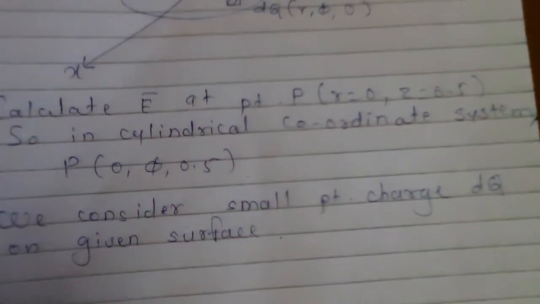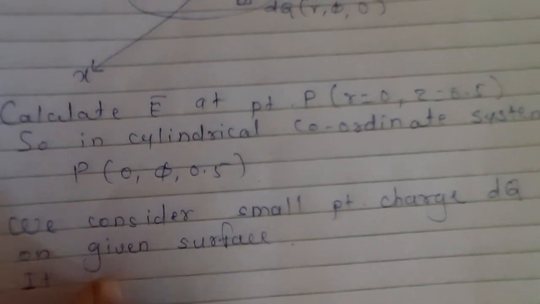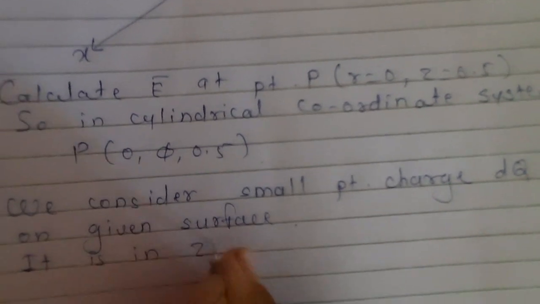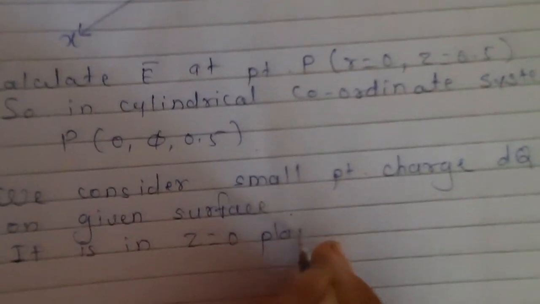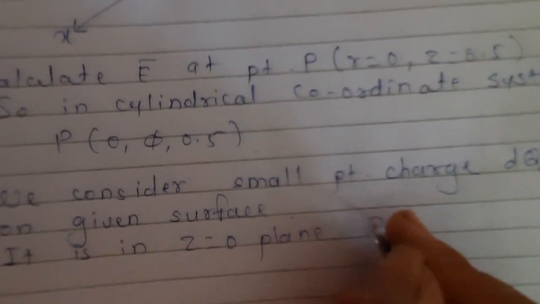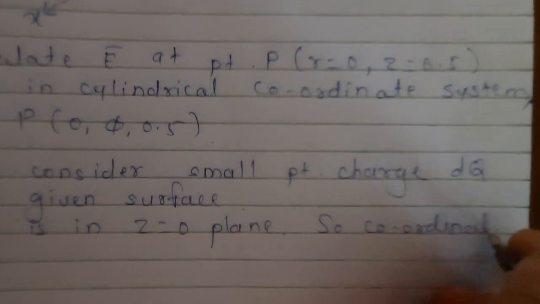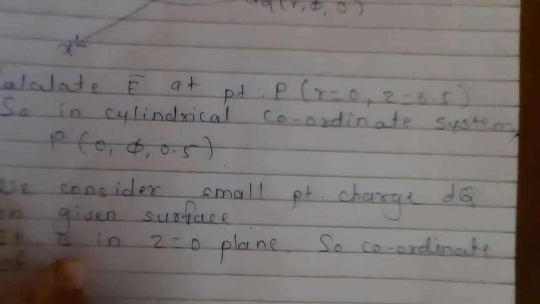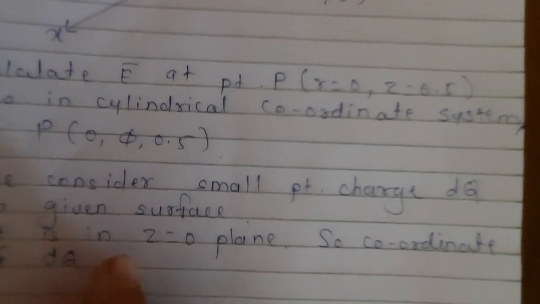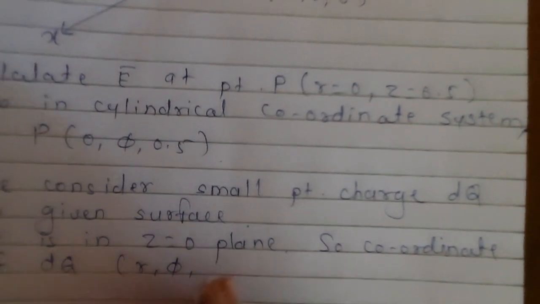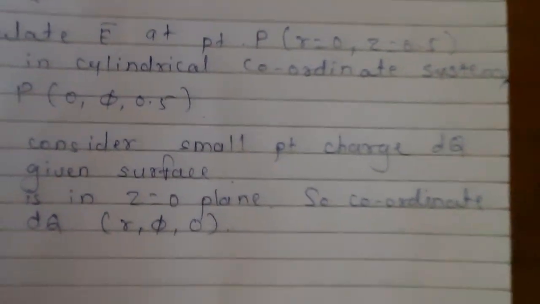It is in the z is equal to 0 plane, so coordinates of dq are r, phi and 0, as z is equal to 0.